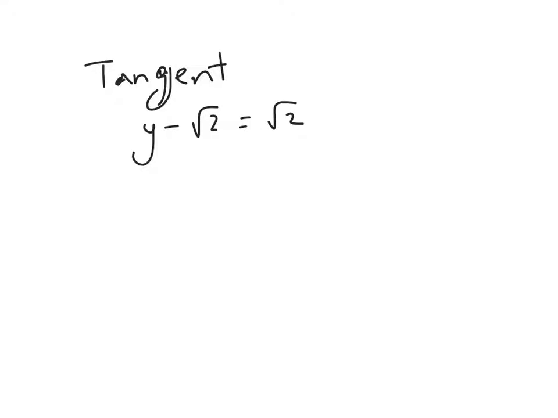But I'm going to recall what equation I just had. So my tangent line equation was y minus radical 2 equals radical 2 times x minus pi over 4. So my normal line, they're going to be passing through or connecting with your function at the same point.